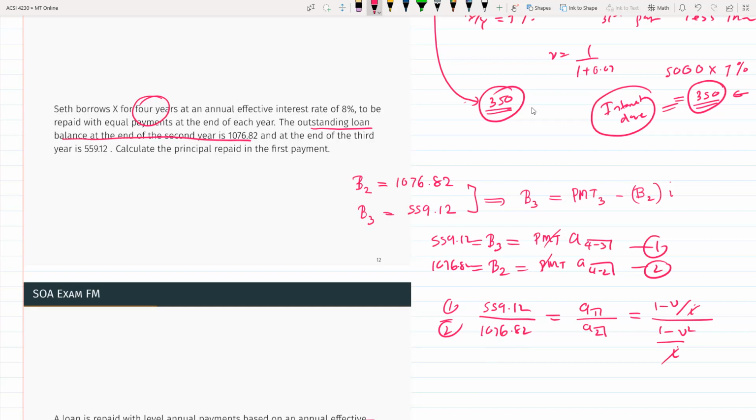559.12 divided by 1076.82. Right. So it's going to be 0.51923255. You will get 1 minus v over 1 minus v squared.